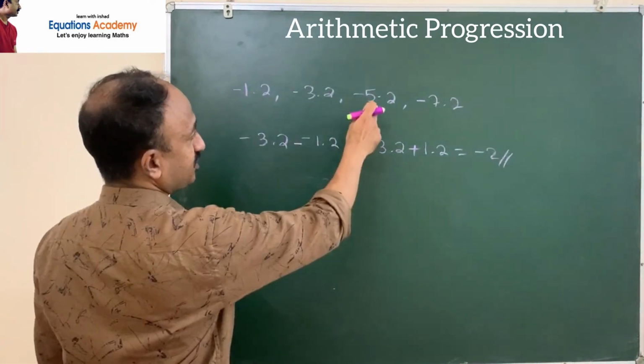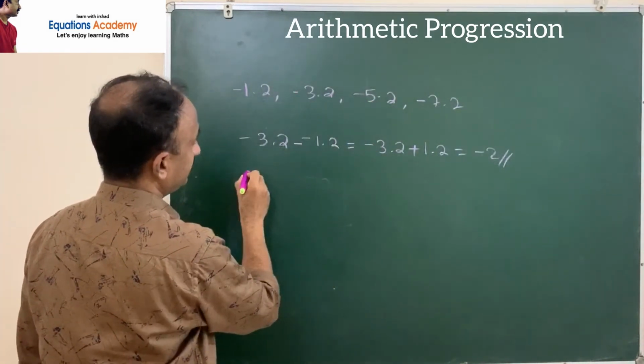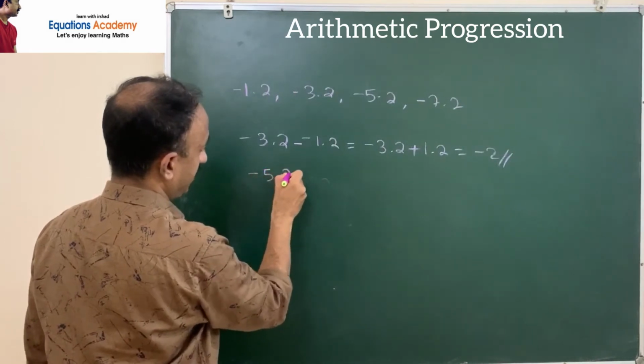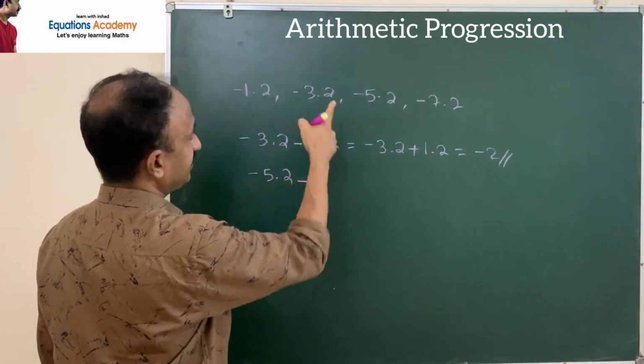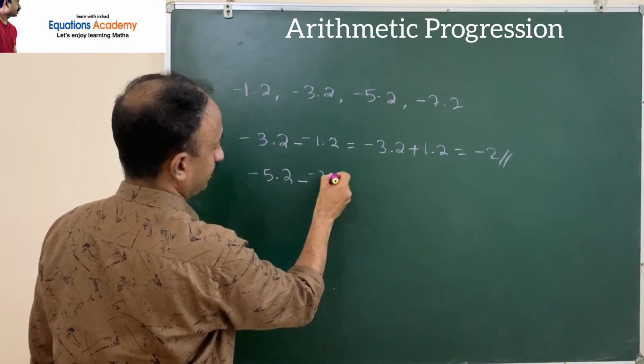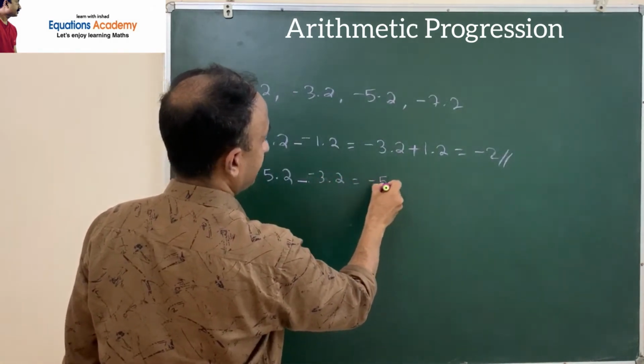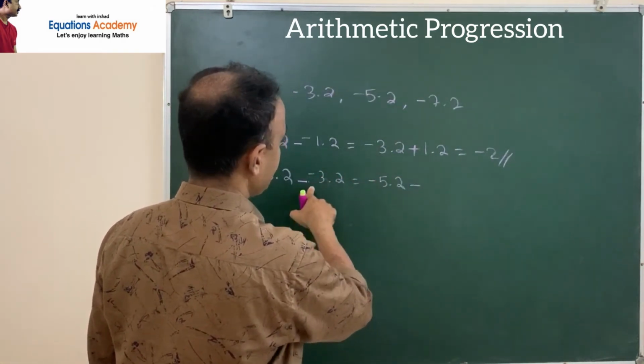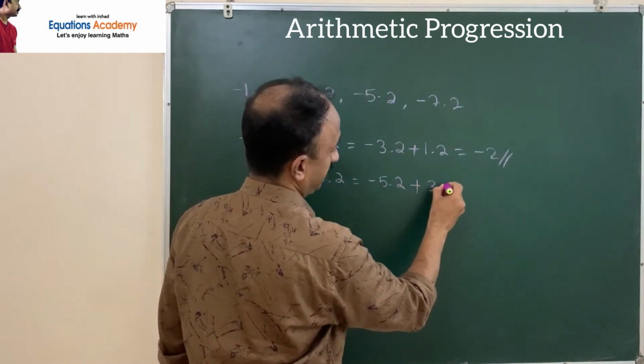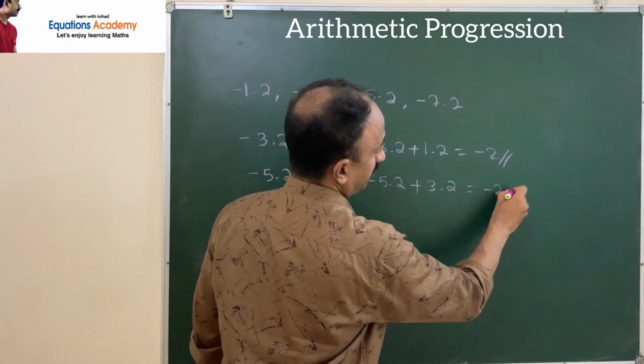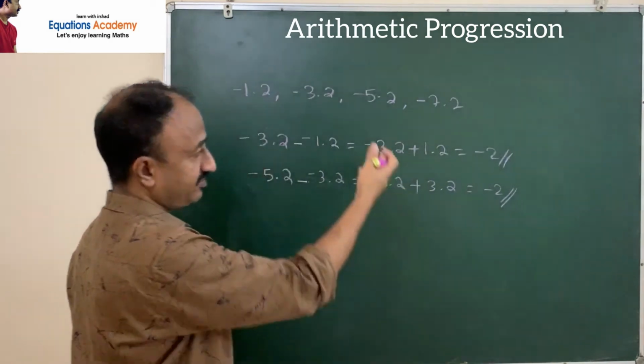We will check the difference between this term and this term. The third term is minus 5.2 minus second term minus 3.2, is equal to minus 5.2 minus minus, will be plus 3.2, is equal to minus 2. Here also the common difference is minus 2.